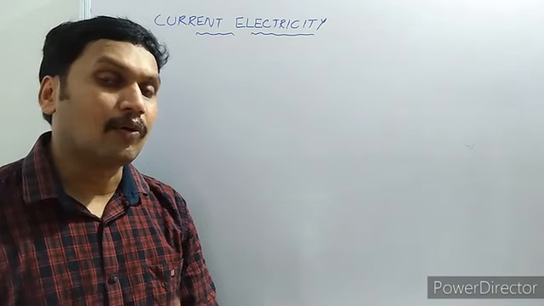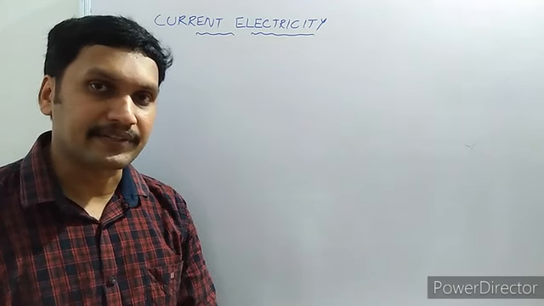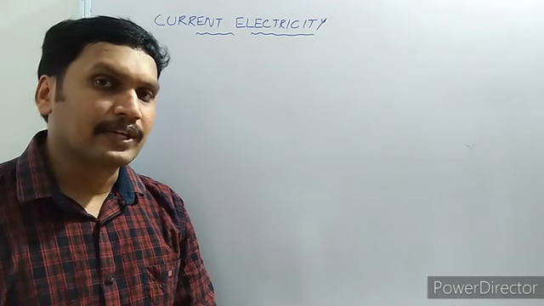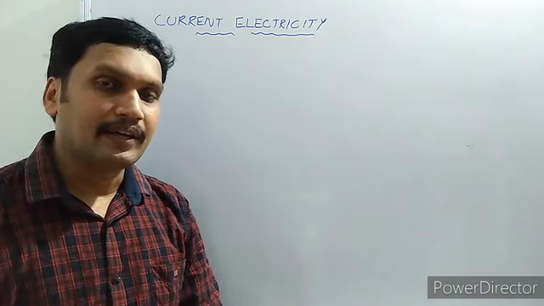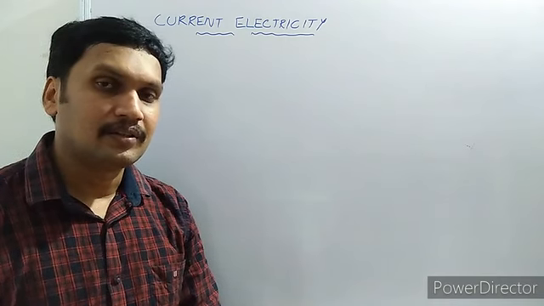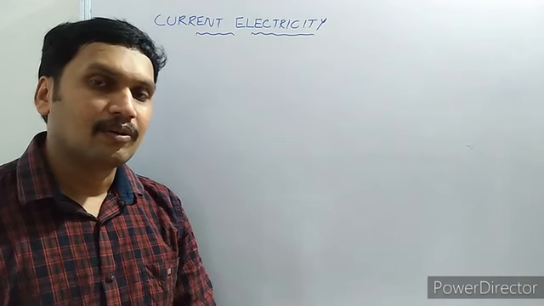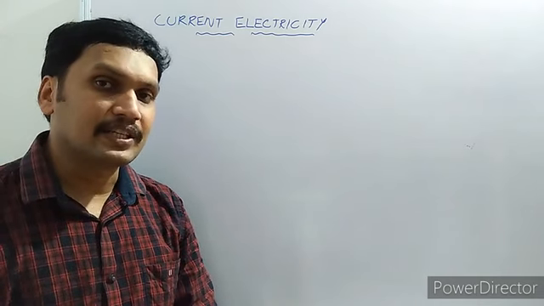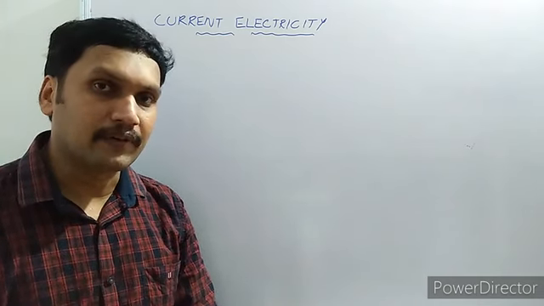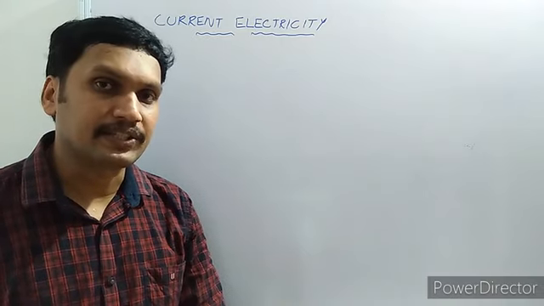They move in all possible directions. So we cannot say there is some current in that conductor. But if you apply an electric field to that conductor, all the electrons experience a force in the direction opposite to that of the electric field. Let us see that situation.